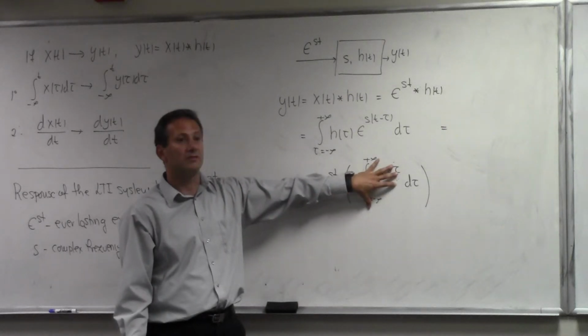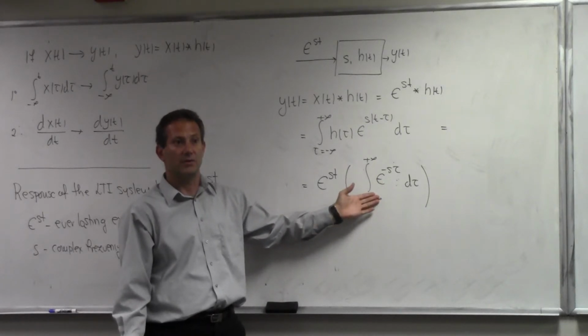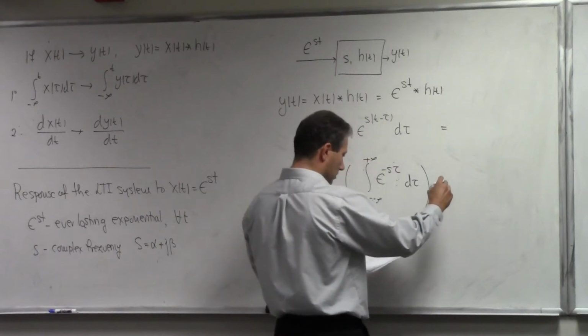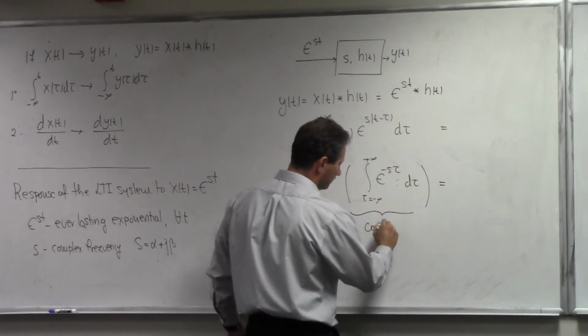So this is a constant value. It depends on whatever s is. Give me s, and I'll be able to calculate what this value is. So let's call this H of s. Let's realize that this is a constant value.